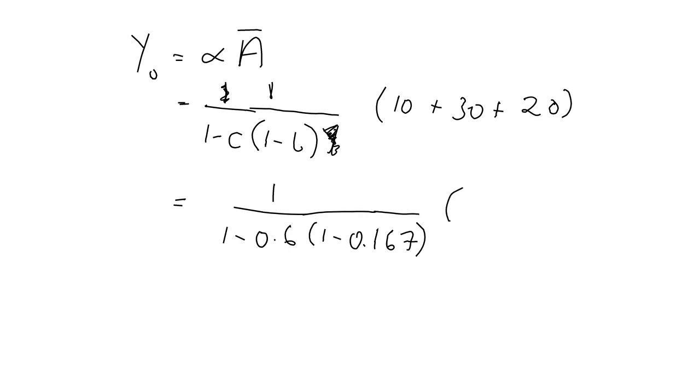Multiplied by 60. So now let's work this slowly. 1 minus 0.167. Remember, this is BODMAS that we're looking at. So brackets first, 1 minus 0.167.